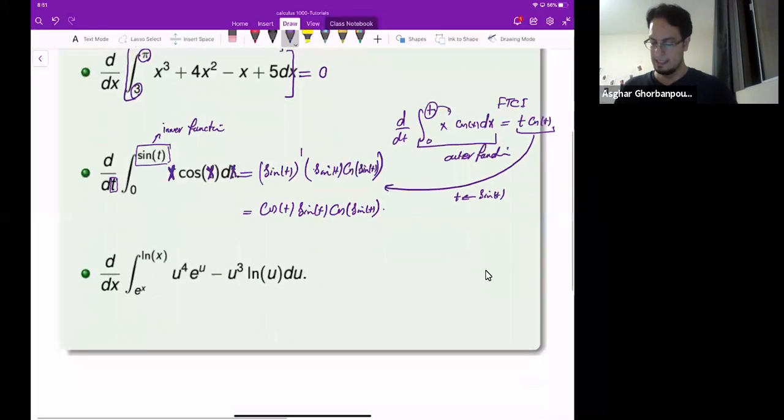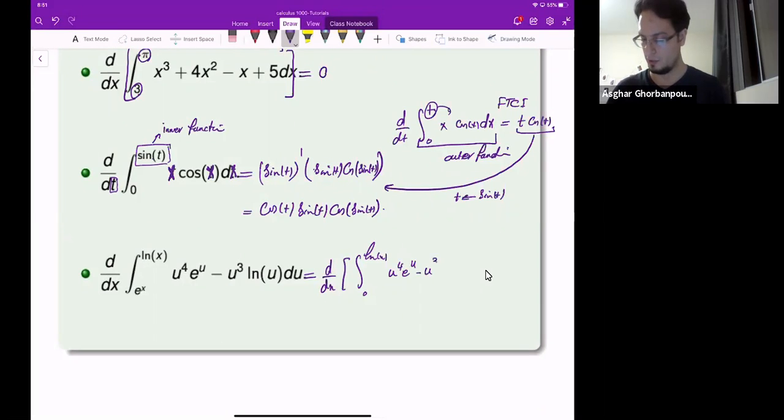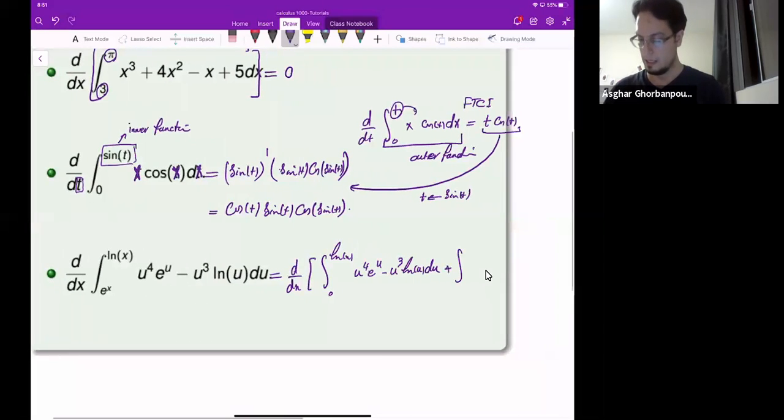And the last example here, with similar arguments, you can handle this thing, but first you have to see that there are two integrals here. I can go from 0 to ln x of u to the power 4 e to the power u minus u cubed ln u du, plus the integral from e to the power x to 0 of u to the power 4 e to the power u minus u cubed ln u du.